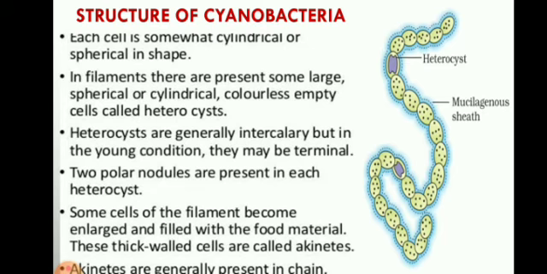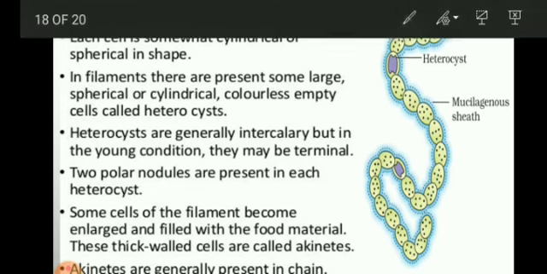If we see its structure, each cell is somewhat cylindrical or spherical. You can see its structure here, that is very clear, cylindrical or spherical, and in filament form the cylindrical and spherical cells join together to form a long chain, that is called a trichome.